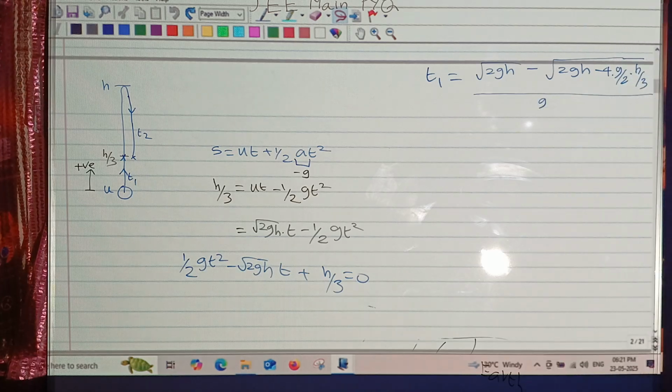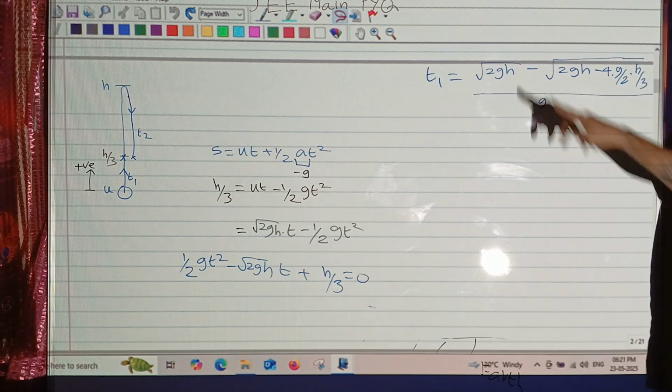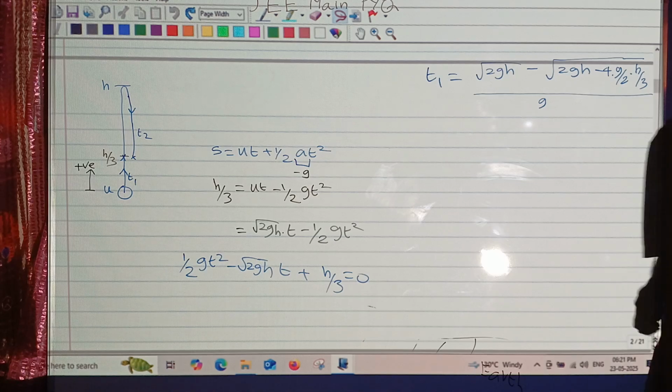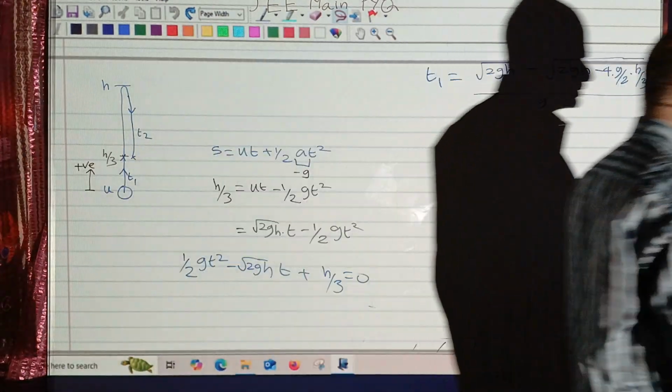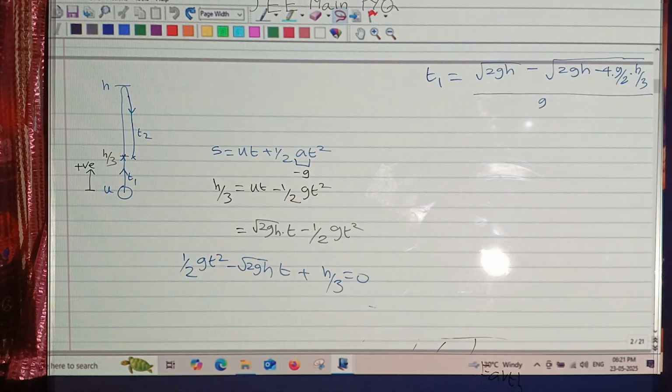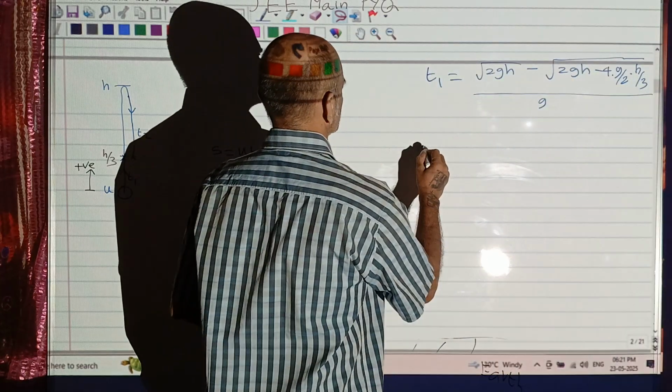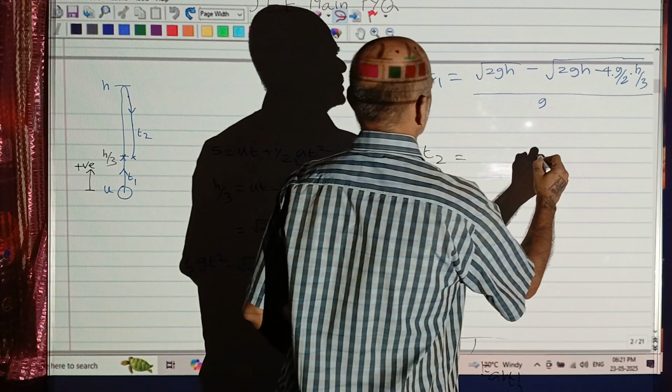These are the roots of the quadratic equation. To get the lower root, I put a minus sign. So t2 will be with a plus sign. T2 is exactly the same, just we have to put the plus sign.